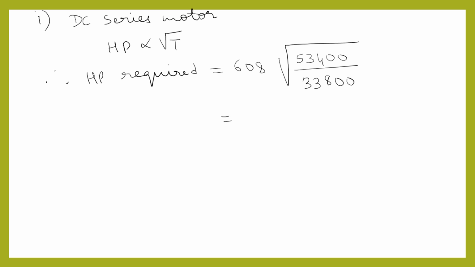So we get the value around 764. Since Ft is also given by the equation 2 eta T gamma by D, we have substituted in place of T the tractive effort value.